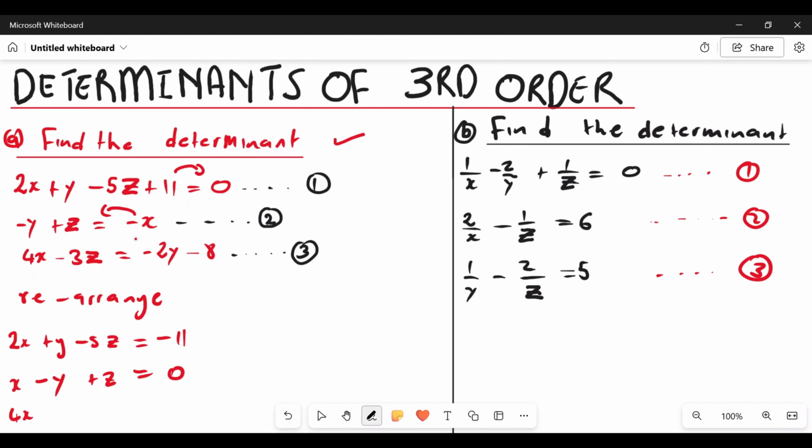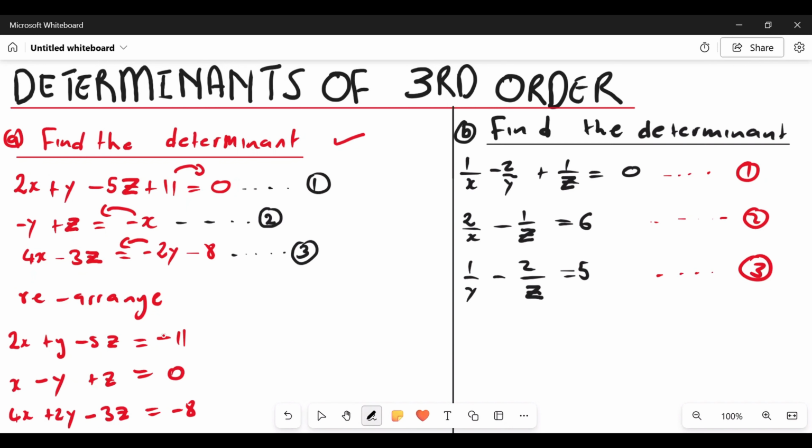So we need to transpose this negative 2y to the left hand side, and it's going to become positive 2y. So let's do it. Plus 2y. And then we're going to continue now, write negative 3z. All this is equal to, remember, we transposed this negative 2y, we're going to be left with only negative 8. There we go, guys.